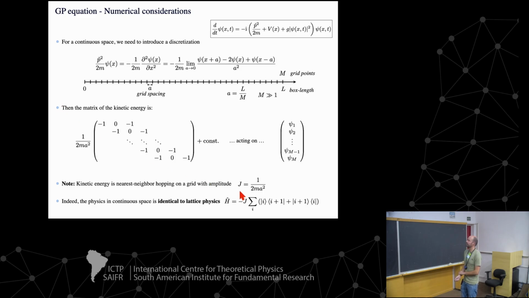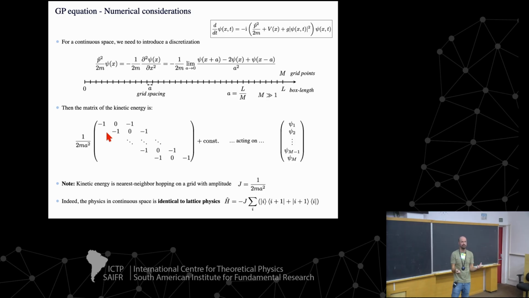Right, so if I write this in this discrete form, I can really say that this is identical to some lattice physics, where these nearest-neighbor off-diagonals just give rise to a particle hopping from one little site to the next one. And this is what the second derivative does if I discretize this. So it's actually quite fundamental.